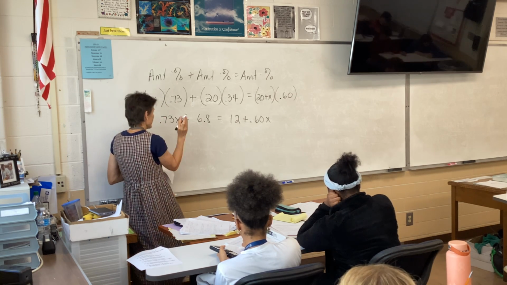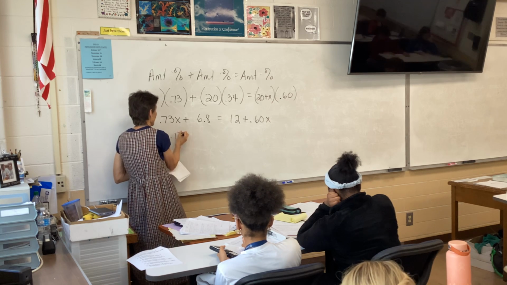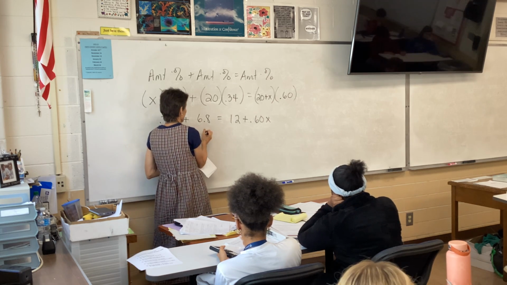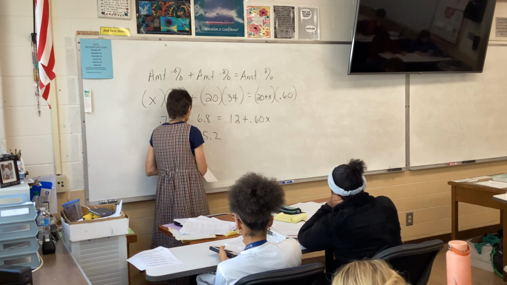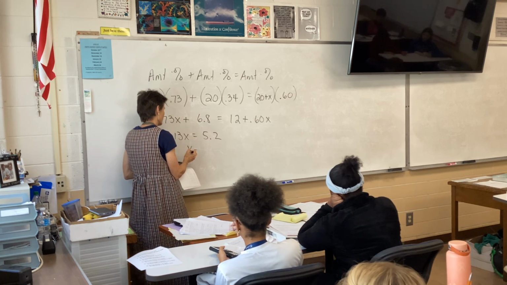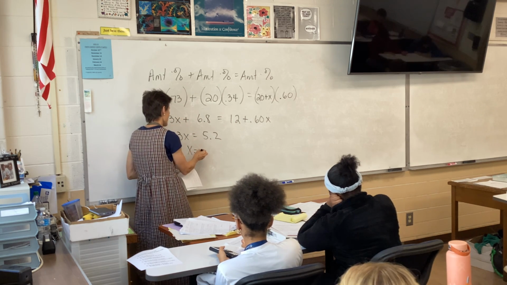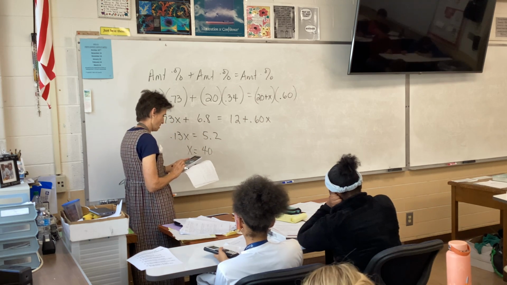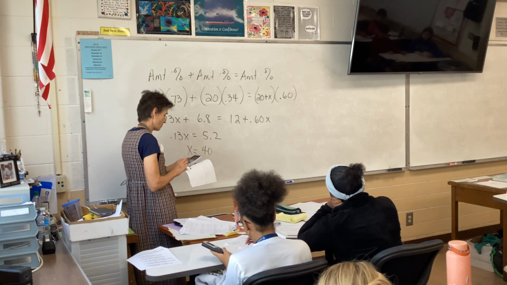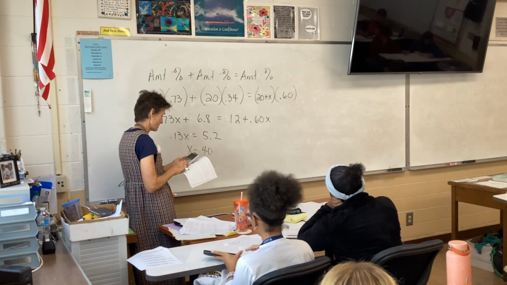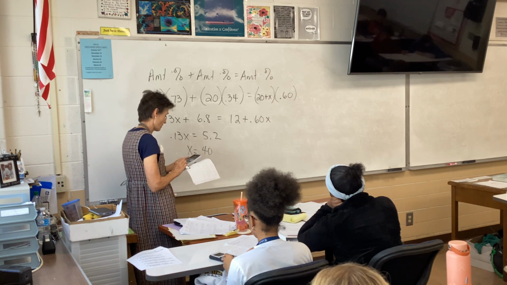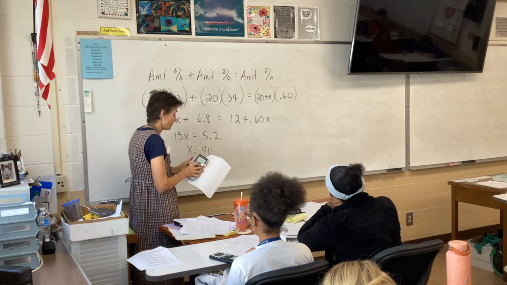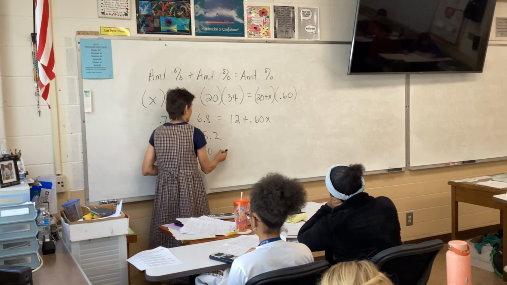Then solving the regular equation, 0.13x equals 5.2. Should you get 40? Yeah. You don't usually work out that nicely, I must have taken this from a book somewhere. Yep, 40, and that would be 40 ounces.